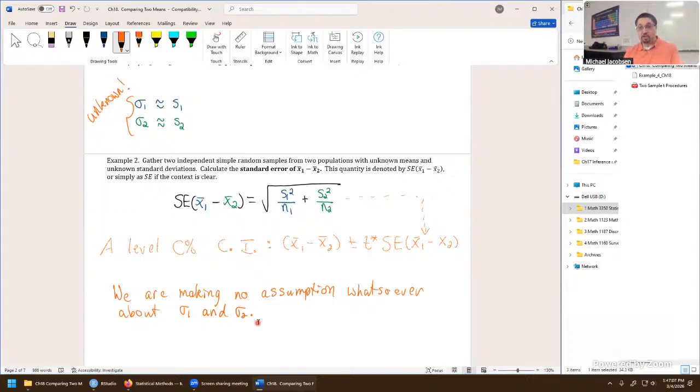We're not going to make that assumption either. Therefore, we will not even assume sigma 1 is equal to sigma 2. So we have a very, very broad procedure that we're using. It's extremely applicable. And even if the assumption that sigma 1 is equal to sigma 2 looks reasonable, this is probably still the better test.